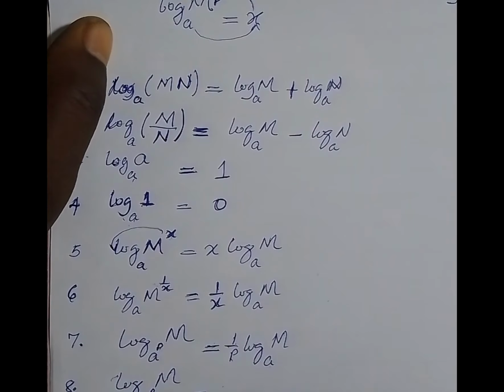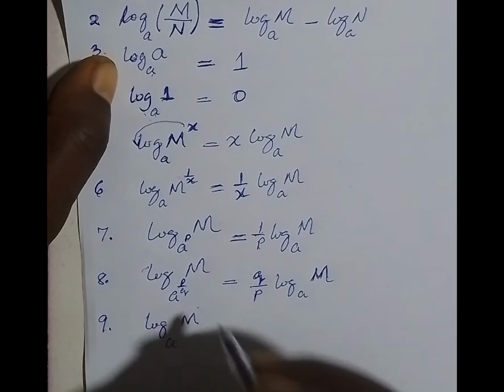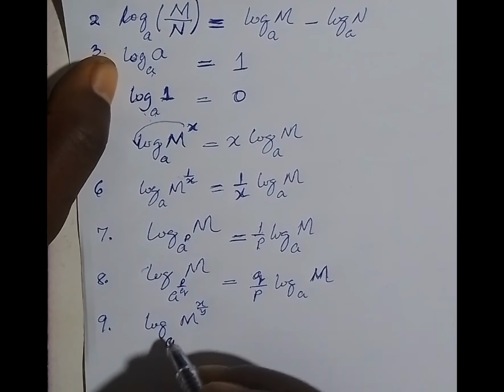Now there's another twist I'm going to add to it. What about a case where the base has a power, and the number m also has a power, and this time around I'm going to make the two powers fractions, like I have it here in law 9. You have log m to base a. Now m is raised to the power, let's say x over y, and then the base a will maintain p over q as its power. So now, what does the law say? Of course, our p over q becomes a reciprocal.